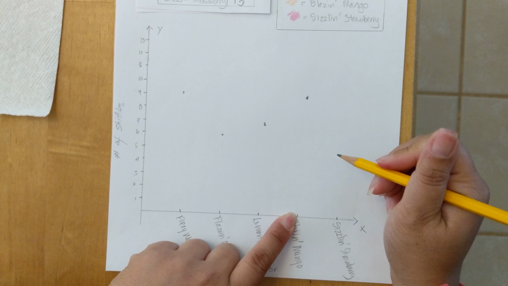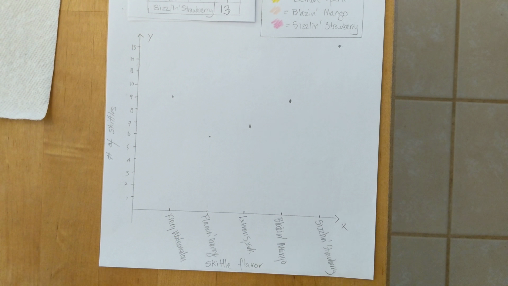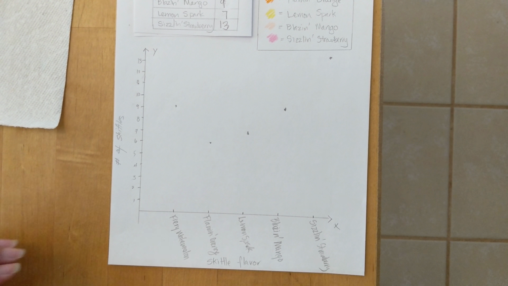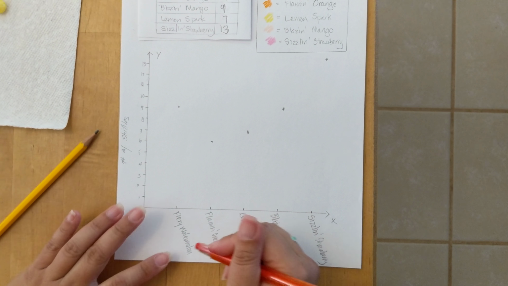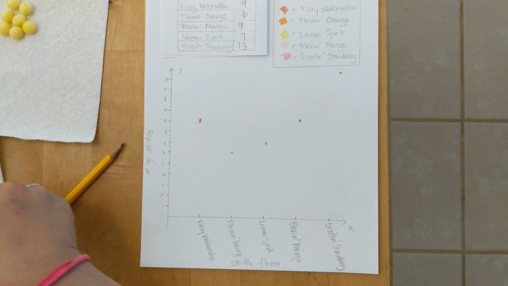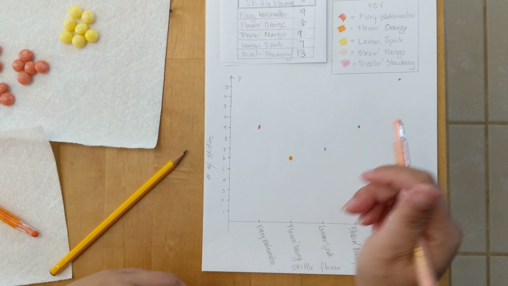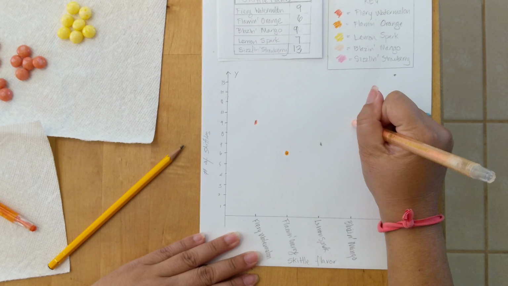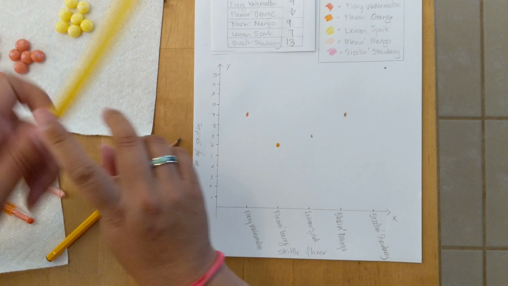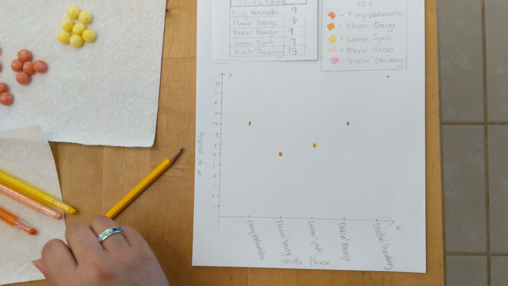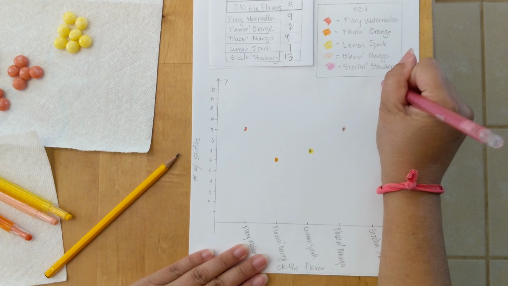And Sizzling Strawberry is going to be at 13, which is about there. Now, there are different ways that we can deal with the data. Later on, I can match Fiery Watermelon to this, Flamin' Orange to this, Mango to be here. I know it was not in the right order, but it still corresponds. And the last one is Sizzling Strawberry.